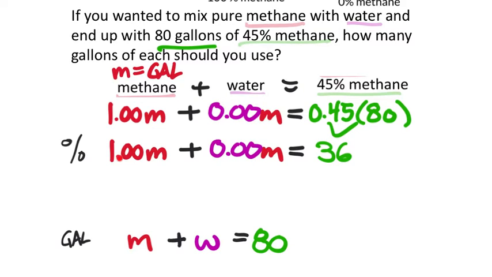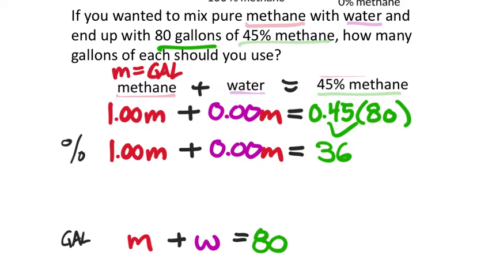I know this top equation right here is written in just methane. That's okay, right? Because water is just 0% methane. But we need this equation, not necessarily, but mathematically we can say that we need it. Here's what I mean, when I solve for the methane, which I will do up here, I could just take the mixture volume, 80 gallons, and just subtract whatever I find for the methane.